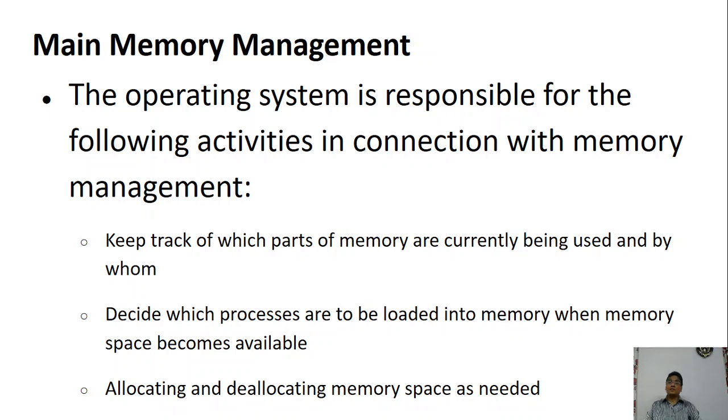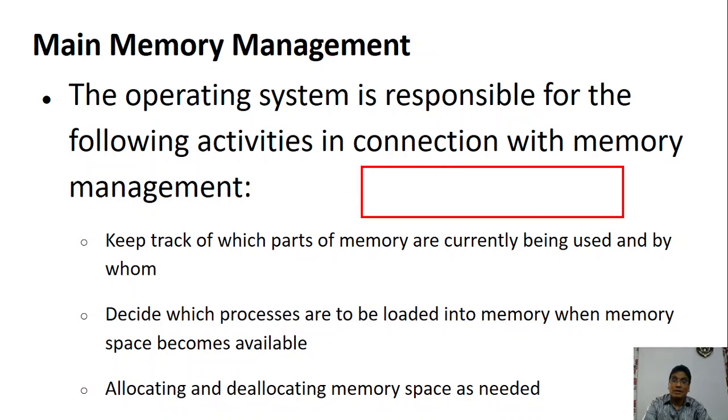The operating system is responsible for the following activities in terms of memory management. First of all, it has to keep track of which part of the memory is currently being used. In the RAM, you have one part: is this part used, and if it is used, which program is using that particular memory?